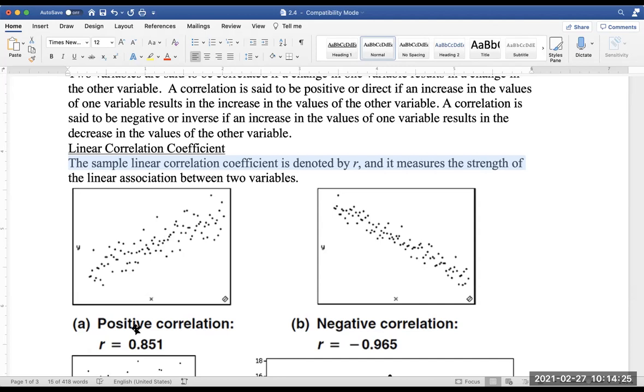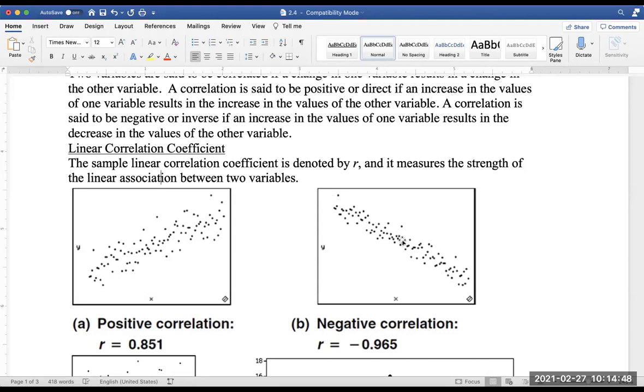And so this has a positive correlation, and the linear correlation coefficient is 0.851. So think of that as 85%. This is in percents. So it's around 85% linear correlation.